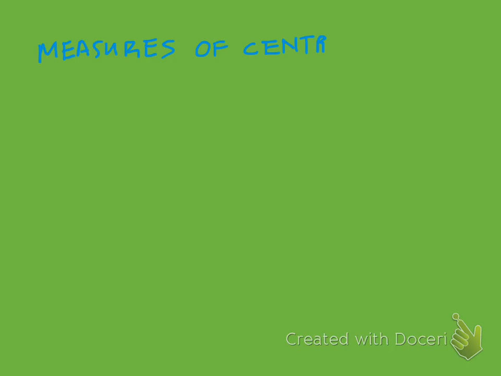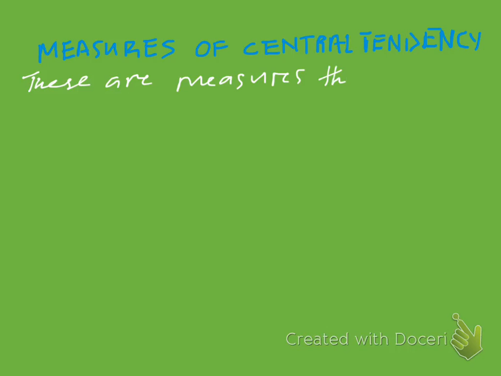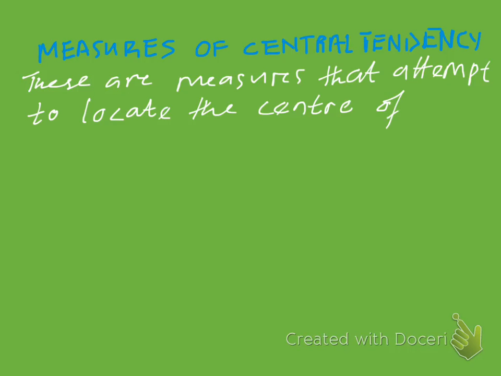Measures of central tendency. These are measures that attempt to locate the center of a distribution. They try to locate the center, the focus of a distribution, the point at which all other things evolve in a distribution.